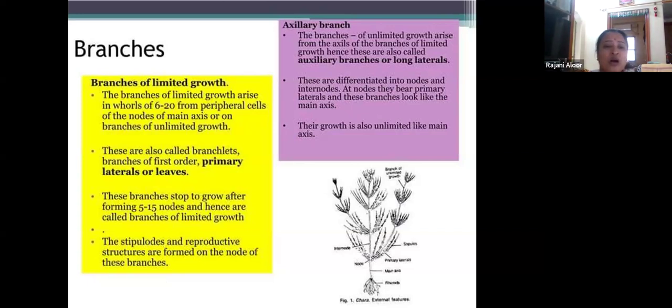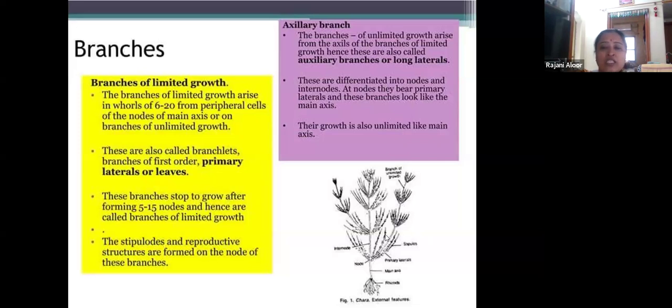These are also called bractlets, the branches of first order, primarily lateral leaves. These branches stop growing after forming 5 to 15 nodes. That is why they are called branches of limited growth.